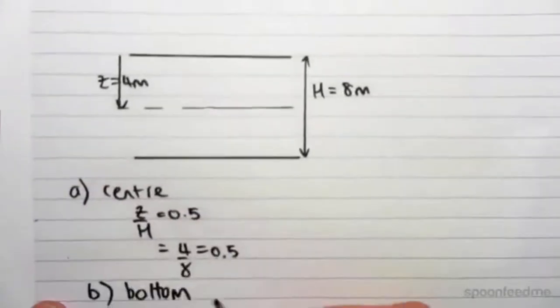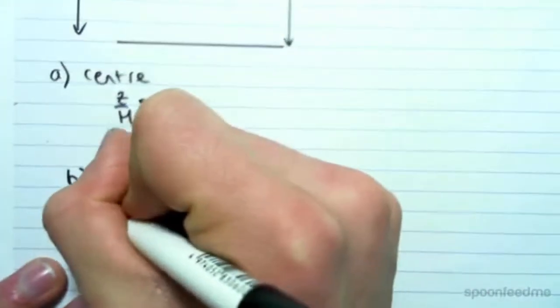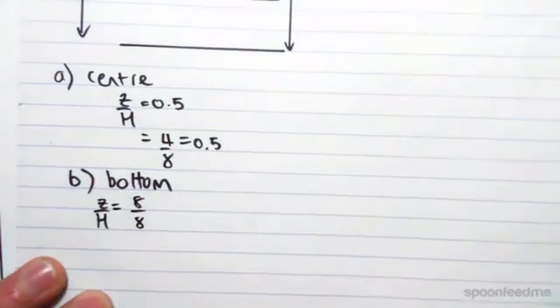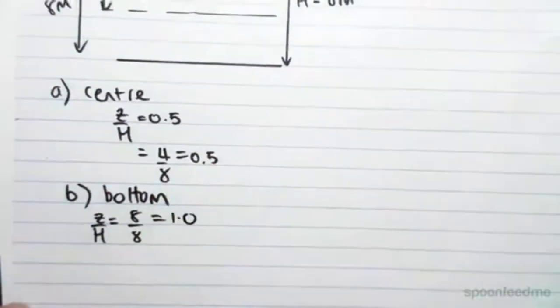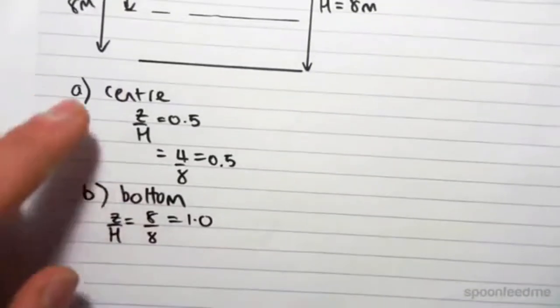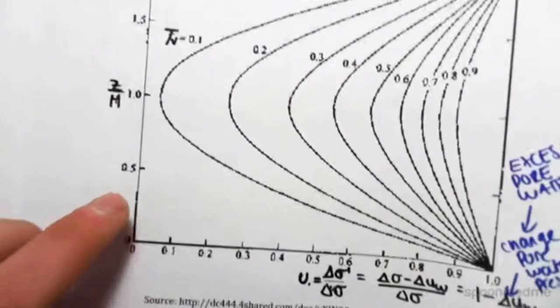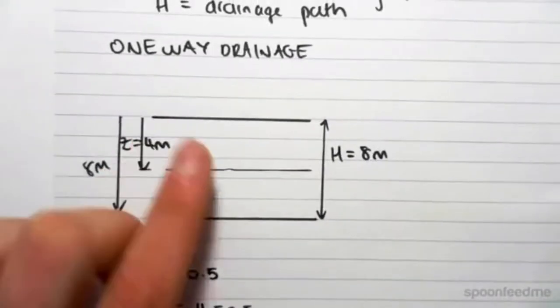So Z now would be the full 8 meters. So we would have 8 on 8. So Z on H would equal 8 on 8, which is 1.0. So I could do this for every single point in this region if I wanted to find my Z on H, which is this axis on our graph we're going to be using. And this is just for one-way drainage.